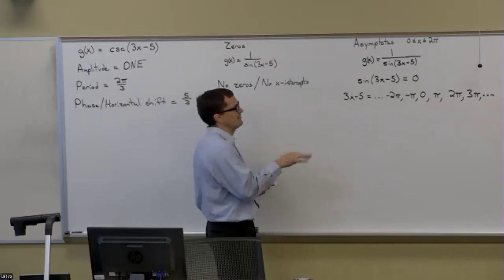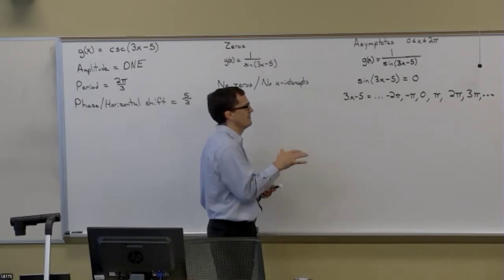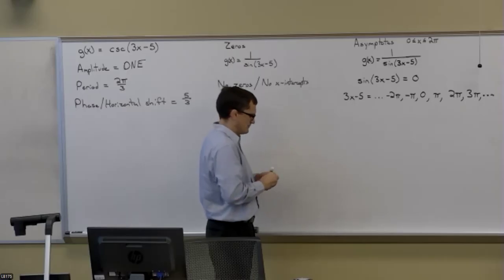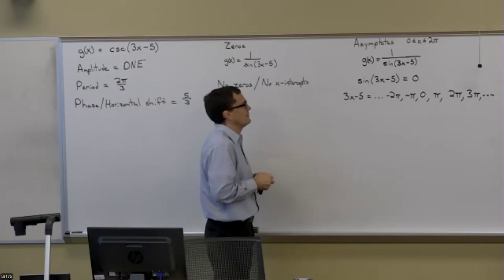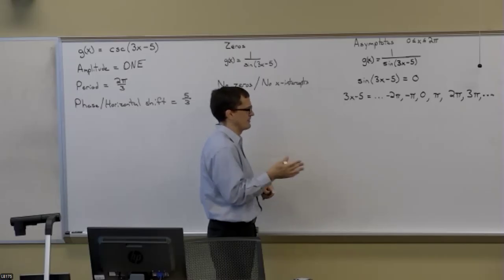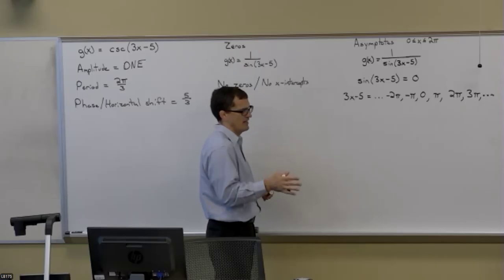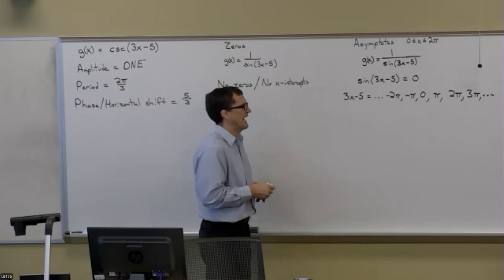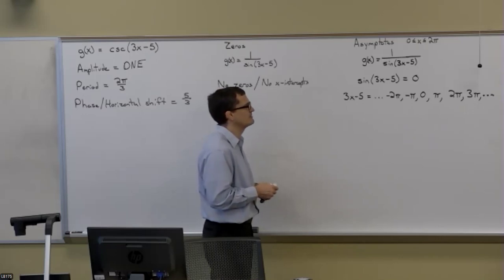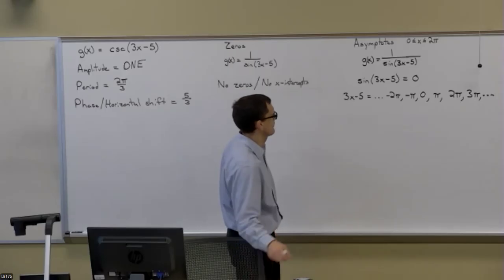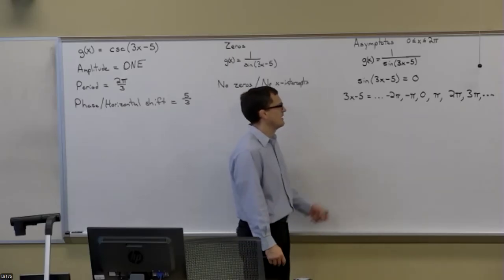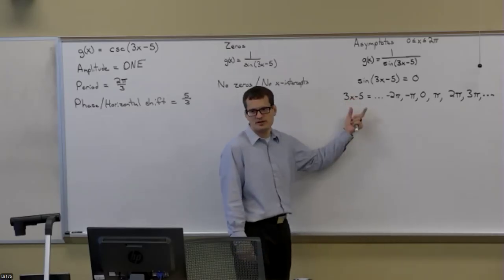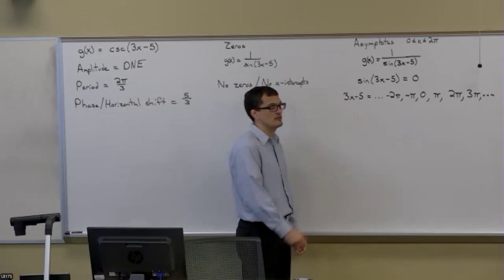And we're going to divide by 3 and add, well, let me rephrase that. Depending on what you want to do first, you can divide everything by 3 first, or you can add 5 first. If I add 5 to everything first, and then divide by 3, that's fine. If I divide by 3 first, then I'd have to add 5/3 to everything. I'm going to do both of those in just one step.